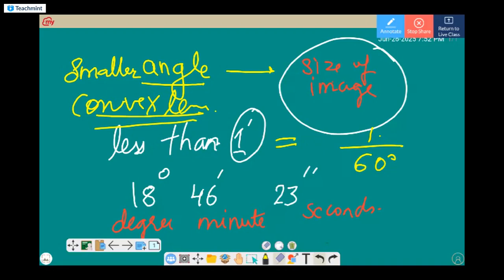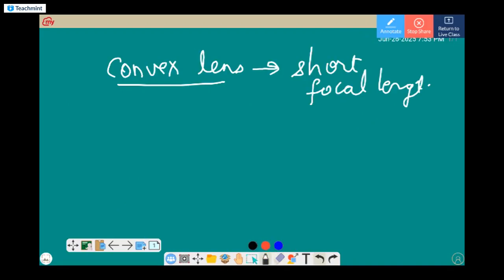So what we need is a convex lens, and the condition is this convex lens should have a very short focal length. This kind of lens, if we're able to make it, will help us to get a very magnified view.